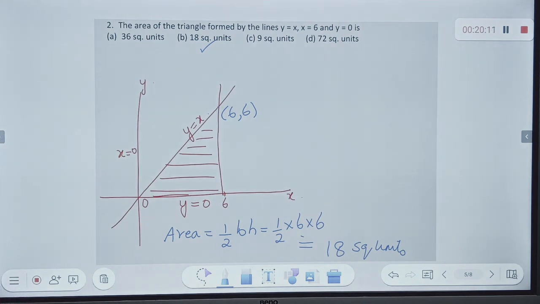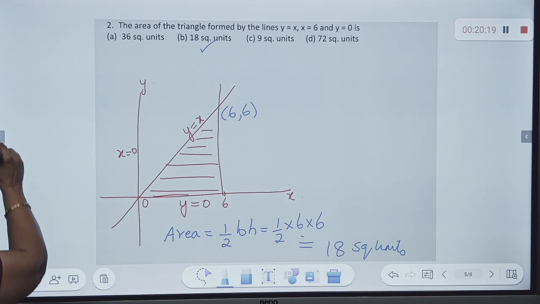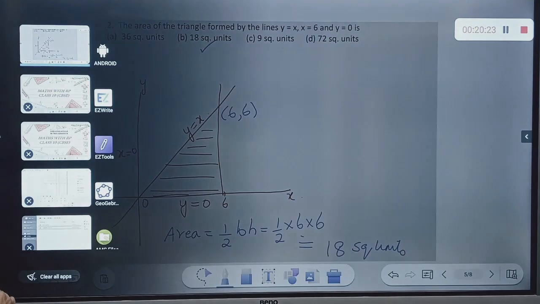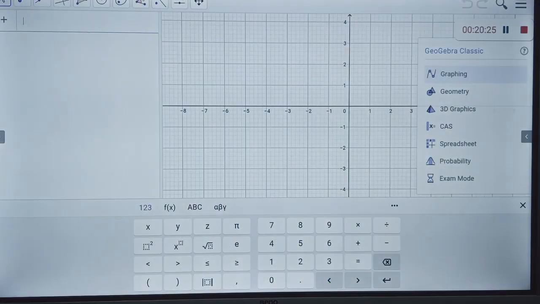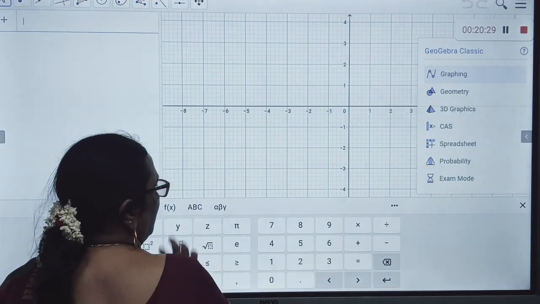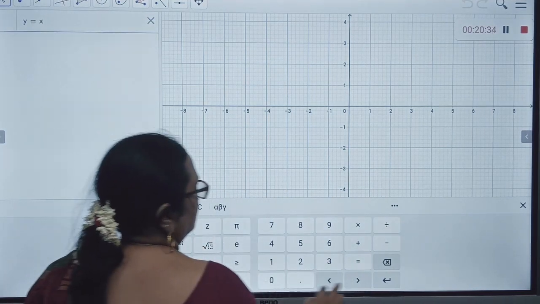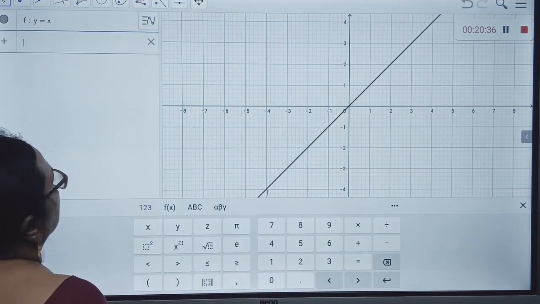So we have x equal to 6. What are the equations we have? Y equal to x and x equal to 6. So let me plot it here. Y equal to x, right?